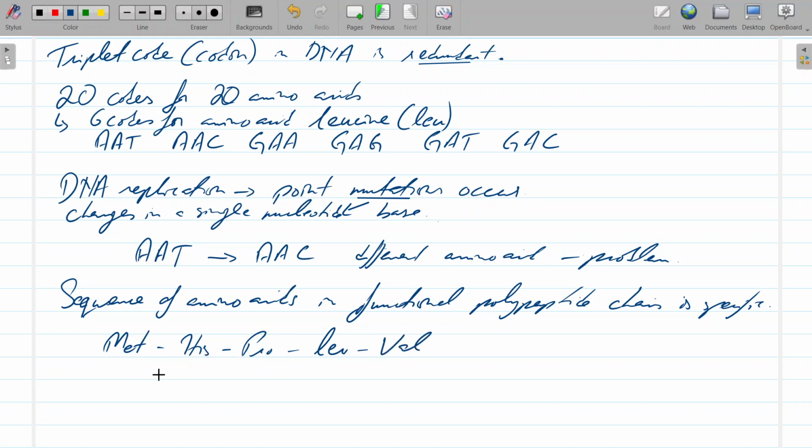And if you have something different, for example just this particular change, switching these two amino acids, that's going to completely change the polypeptide chain, the way the polypeptide chain folds.